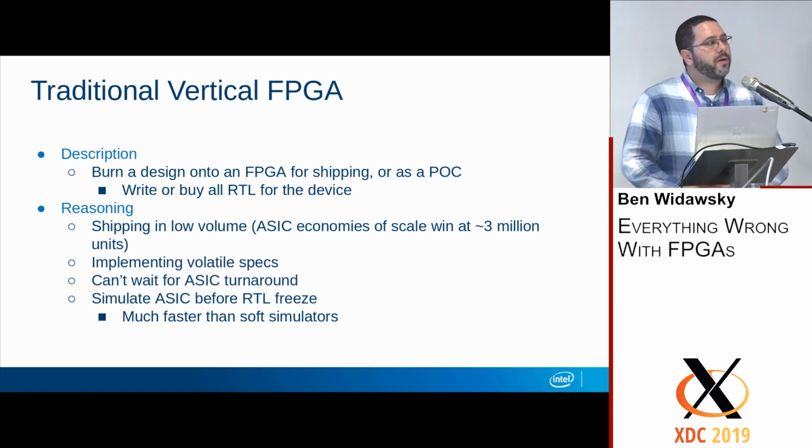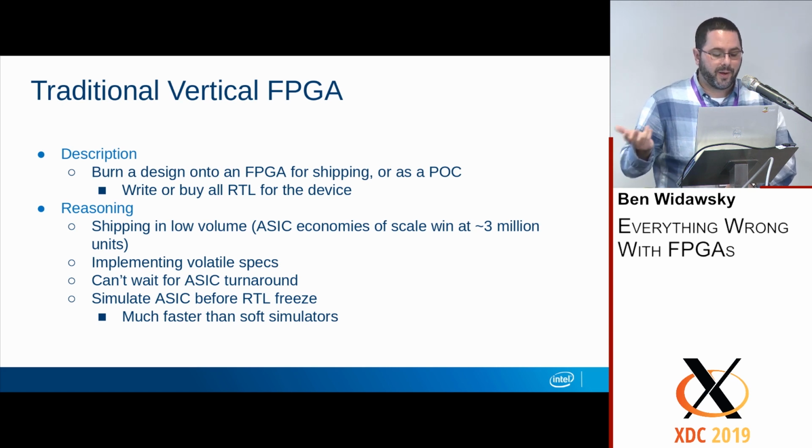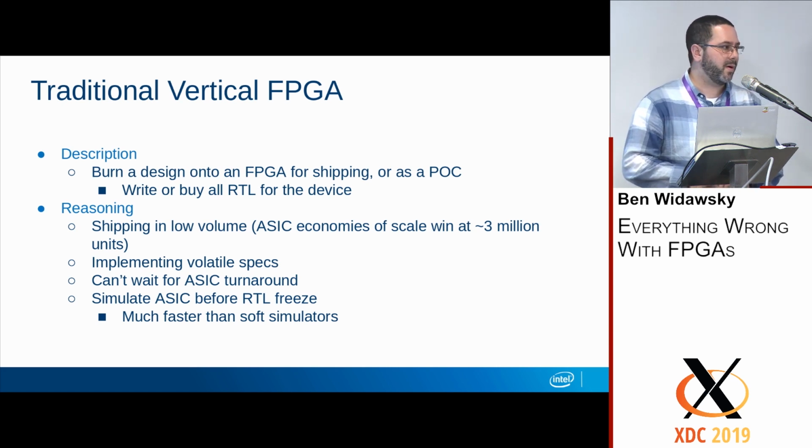The other is you can't wait for ASIC turnaround. This is sort of like, I have a customer who is going to want new silicon tomorrow, and I'm not going to be able to get a custom ASIC for that. I don't think that's super common. And probably the final common one is to simulate your ASIC before RTL freeze.